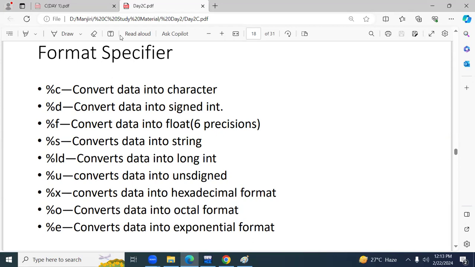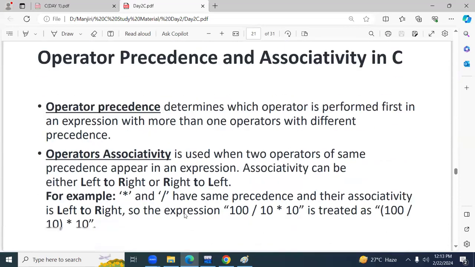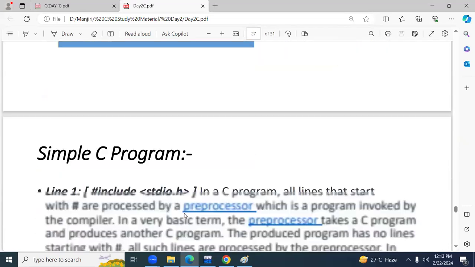Right now just concentrate on int. %f for converting 6 precisions, that is a float. 6 precisions क्या होता है मैं बताऊंगी. Then %s, %ld, %u, %x, %o, %e, and one more is %p, also for storing the integer.